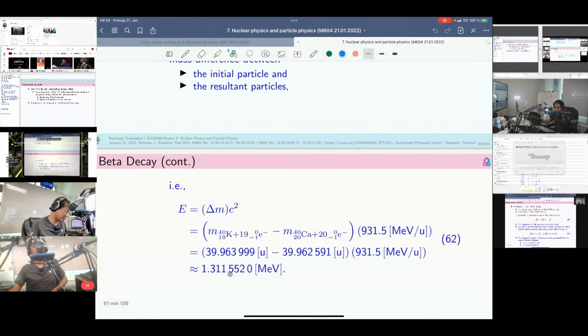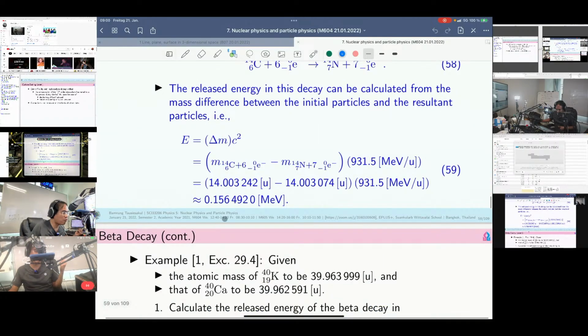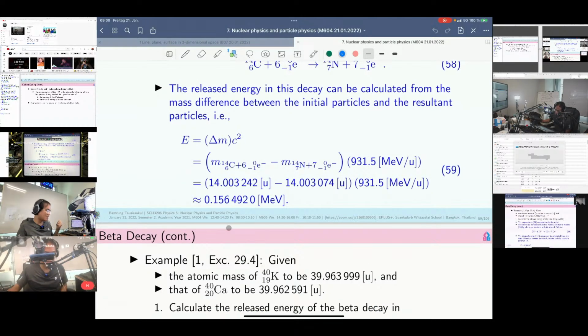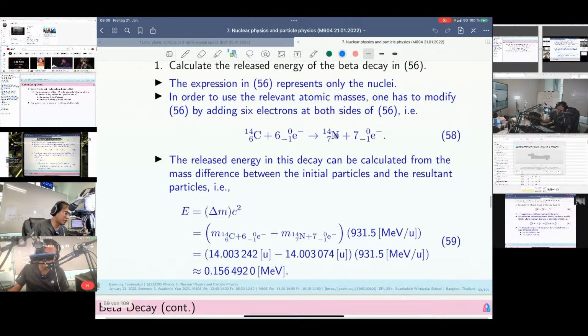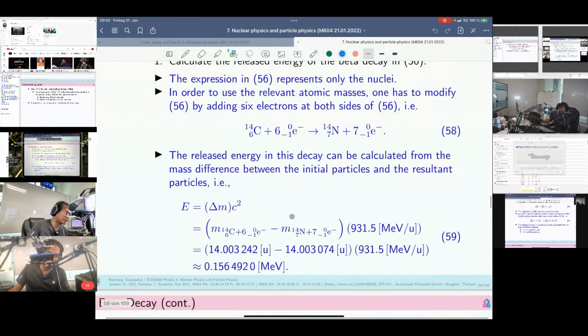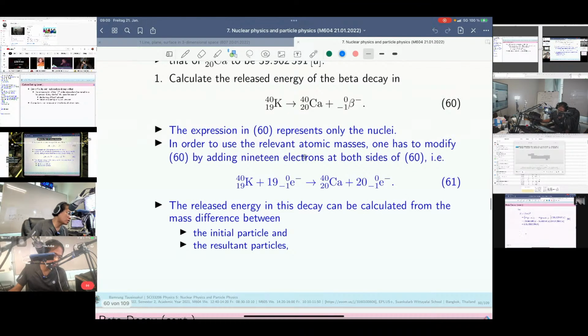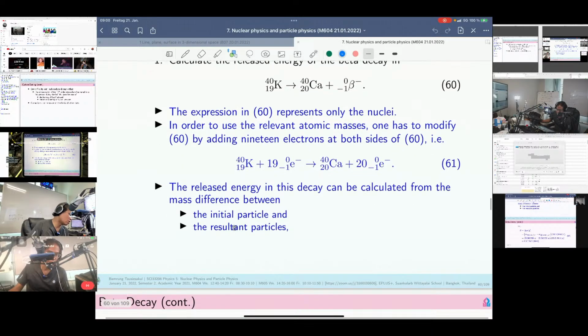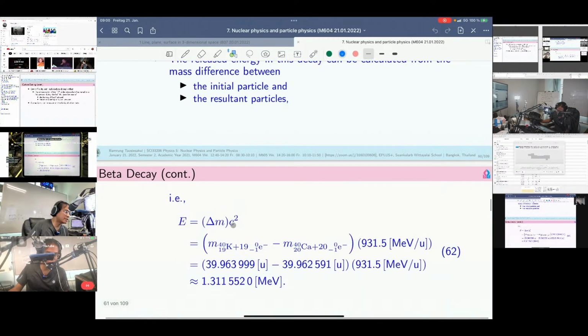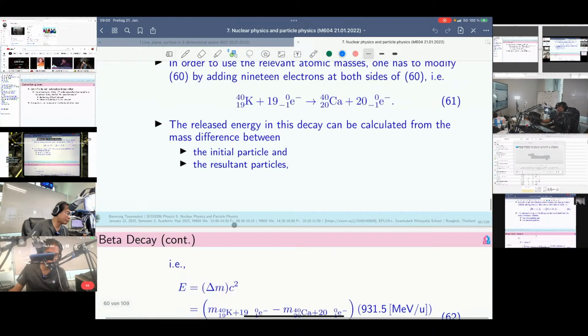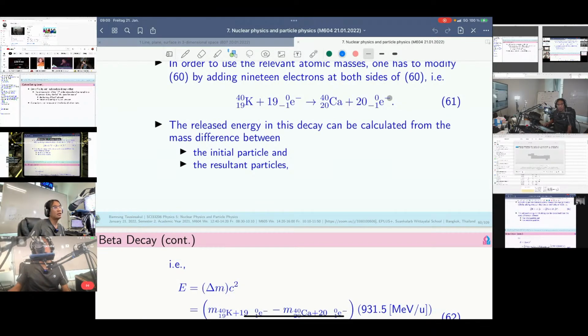So it's almost 10 times greater than with the 14 nucleons here. Once we consider more nucleons, we get more energy. That's the energy you can get from the beta minus release process, where an electron is the product.